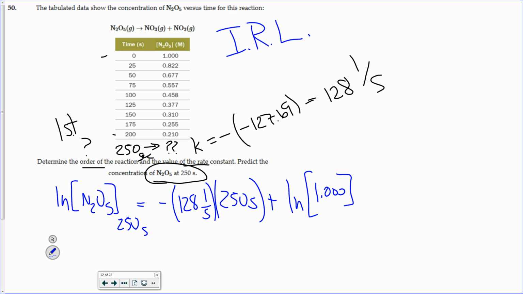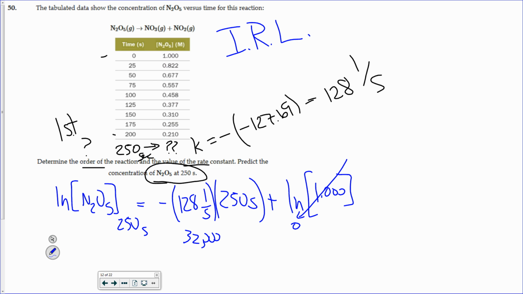The natural log of 1 is 0, so this term falls out. I take my 128 times 250, and I get a big number, 32,000.